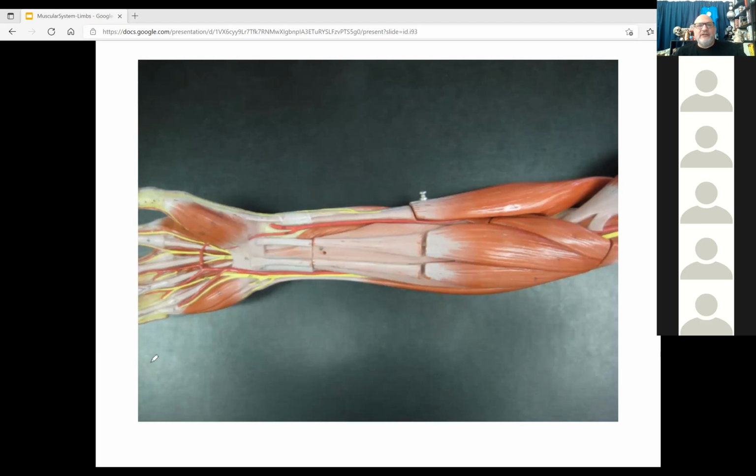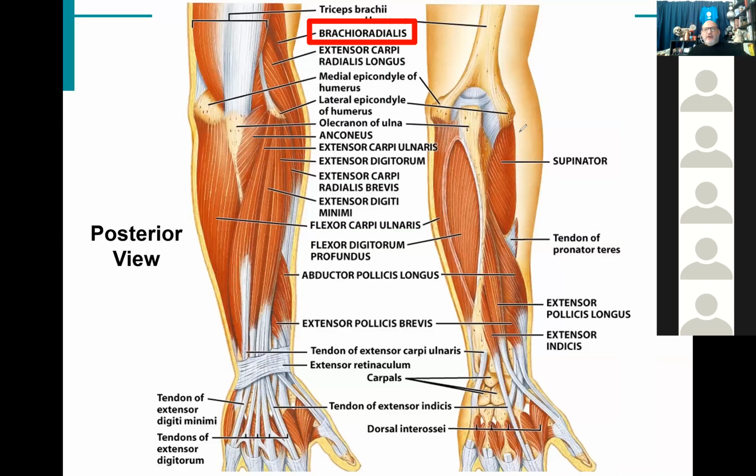And now that we've done it on this nice model, let's go back to the scary looking picture from your textbook and do the exact same thing. Notice we start up here with the brachioradialis, our starting point, that muscle that is on the lateral aspect of the hand, lining up with the thumb.